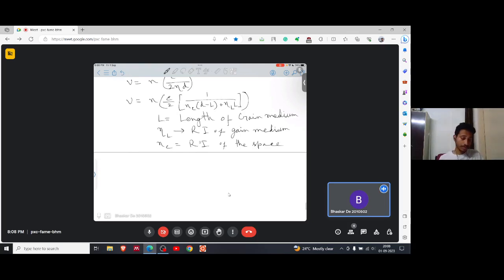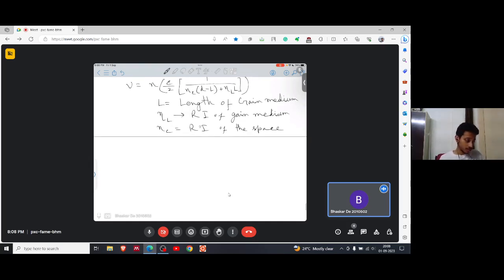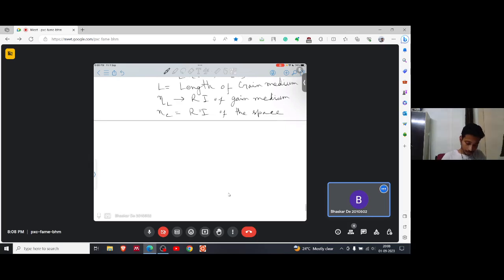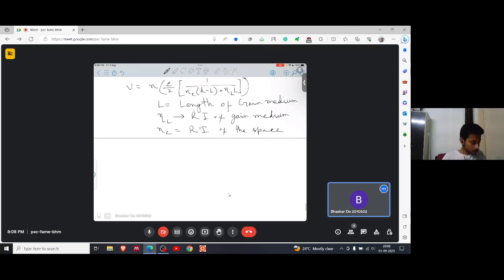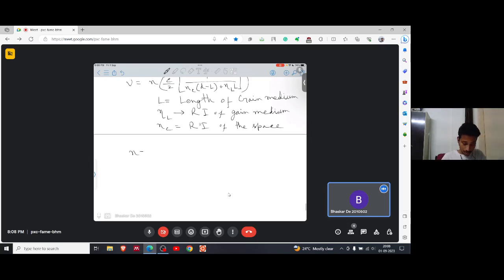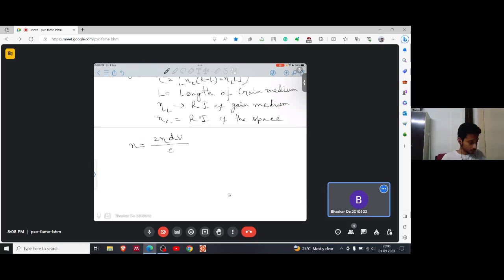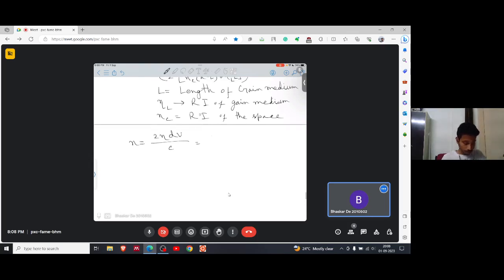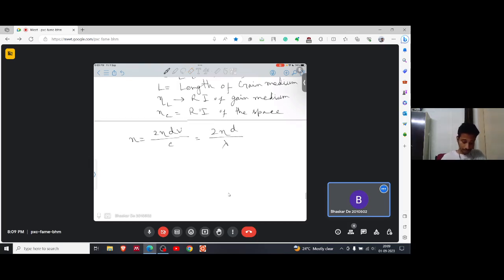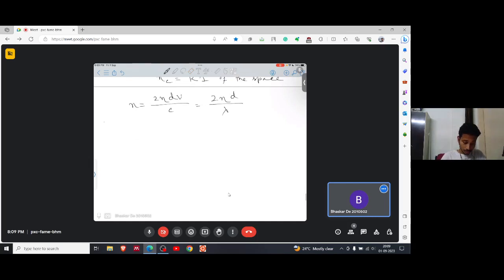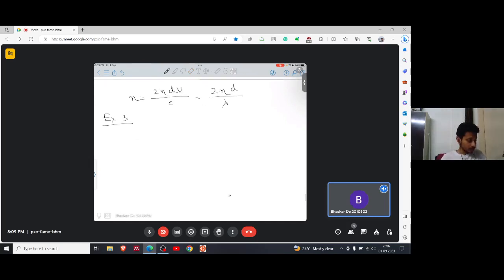So it depends, if the space is air then it will be 1, and if it is not then it will have some other value. Now the mode number is noted as n, and that will be calculated as 2 eta d nu by c, or 2 eta d by lambda.